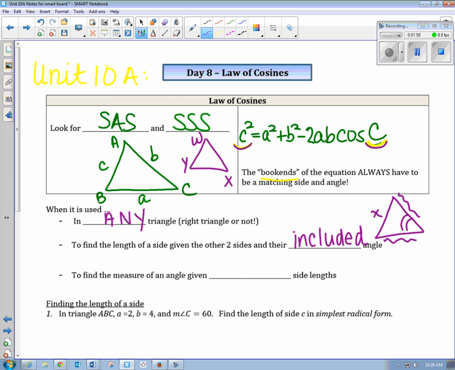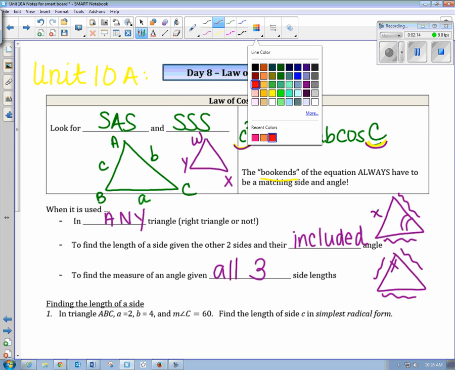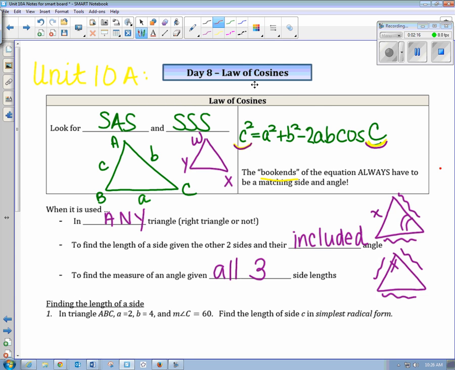Or we can find the measure of an angle when we're given all three side lengths. In this case, we would know this side and this side, and perhaps we're looking for this angle. Make sure you're really careful that this angle of X has to match up with the side across from it.